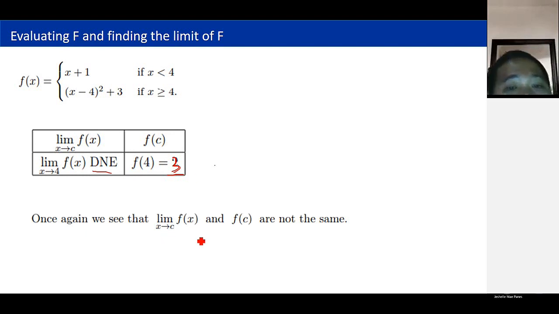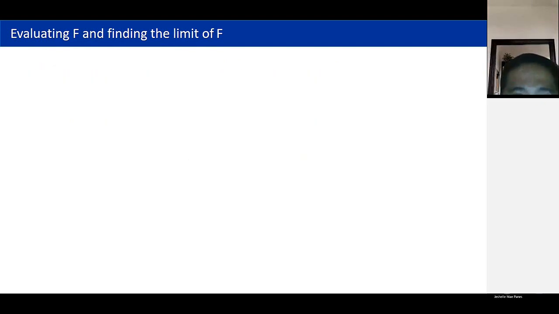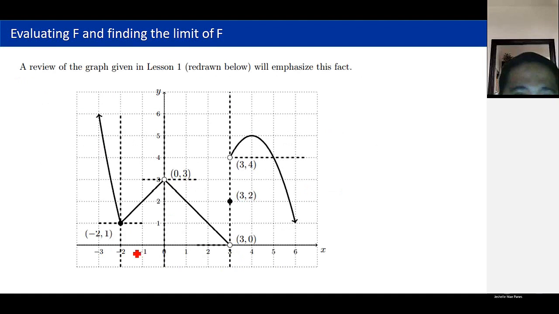Once again, we see that the limit of f of x as x goes to c and f of c are not the same, and that means they are not continuous. So, looking at this graph, titingnan natin yung una. Ang question is, ano ang limit ng f of x as x goes to negative 2.